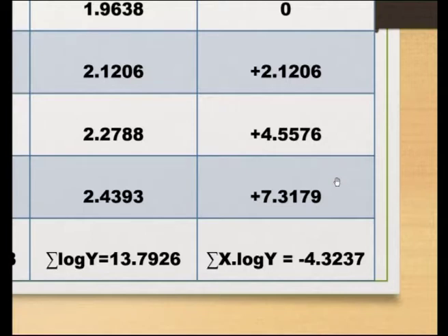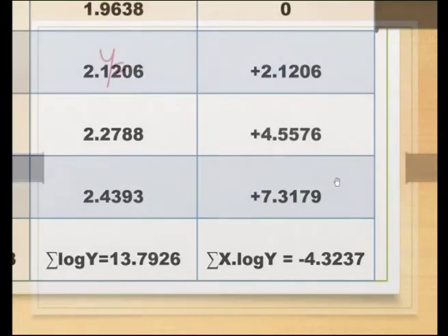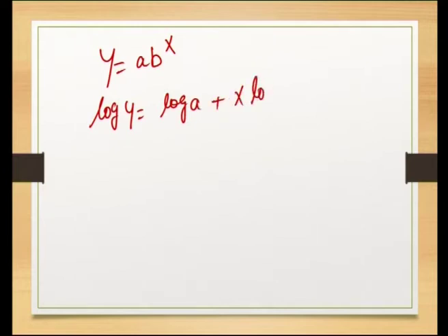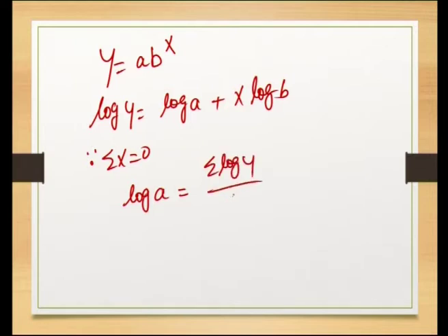So, after calculating the respective summation values, we have to compute the a and b values now. For fitting the equation y is equal to a into b power x, taking logarithm, log y is equal to log a plus x into log b. Since summation x is 0, we use the direct equations, that is log a is equal to summation log y by capital N, that is 13.7926 divided by 7, and this value is 1.97.